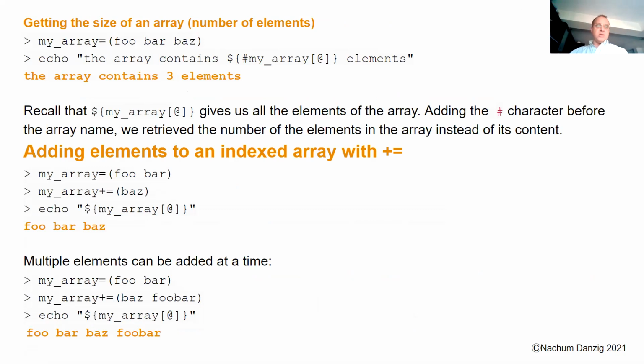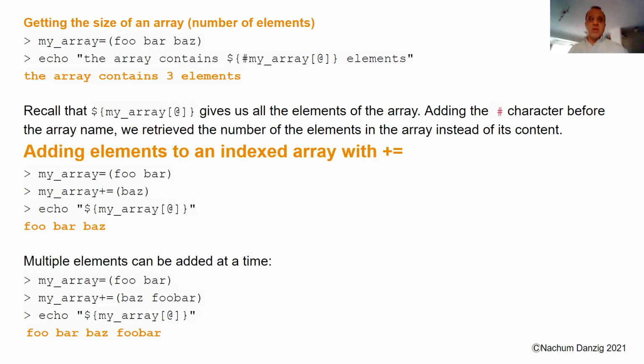So, adding elements. To get the size of an array, or the number of elements, you just use the number sign in front of the array name, but you've got to put the symbol inside the brackets, to say take all the elements. Otherwise, if you just give it my array, it would give you the length of the first element of the array.